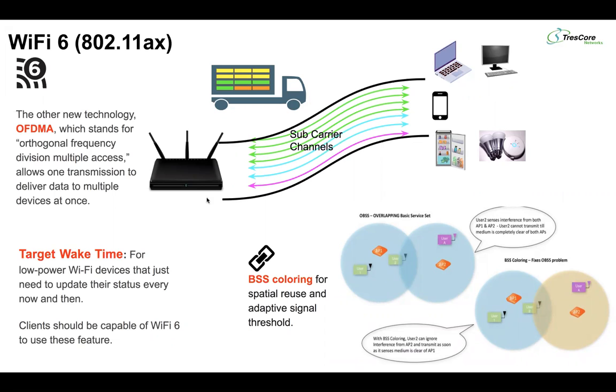The other very exciting thing that they started doing is something called target wake time. Okay, what it does is it allows devices to determine when and how frequently they have to wake up and send data. For example, this may be a fridge that constantly sends its temperature or humidity or any other statistics.